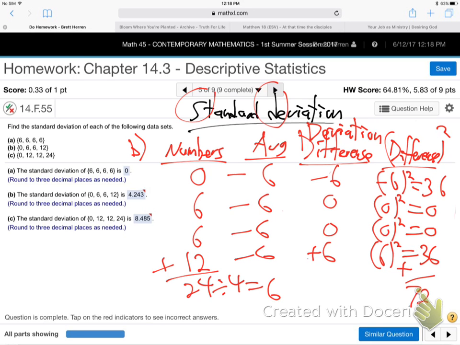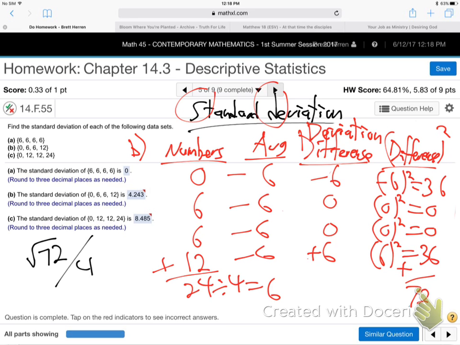Then we add those up, 72. And then when we're all done, we've got to get rid of that power of 2, so we take the square root, and we divide by the number of numbers, 4. And that'll be it.